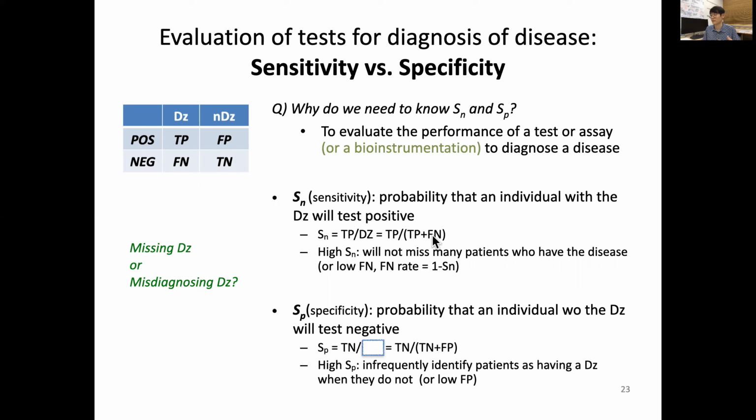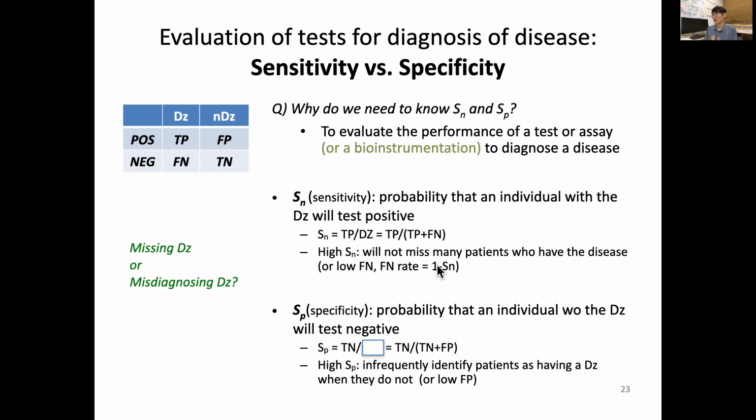That's a false negative. So what does high sensitivity mean? It means if you truly have a disease, this device is likely to give you a positive result. So a high sensitivity device will not miss many patients who actually have the disease, which means a low false negative rate.